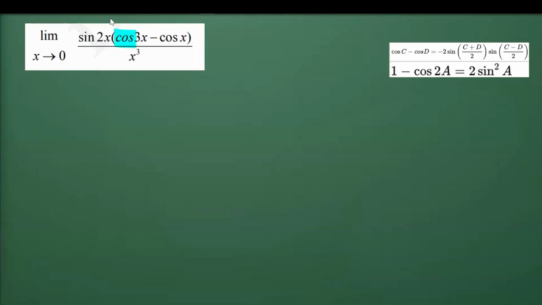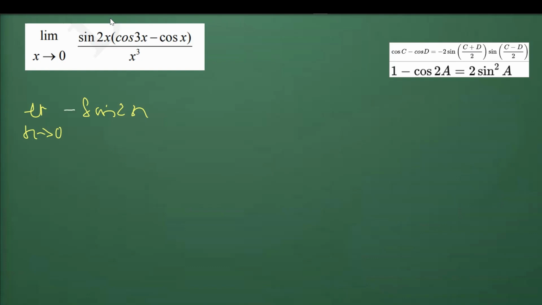Similar to the previous question, here too we'll be writing cos 3x minus cos x by applying the identity of cos c minus cos d as this. So let's begin with this. We have a limit x tending to 0. Let sine 2x be as it is, and I'm going to apply the identity of cos c minus cos d, which is minus 2 sine.